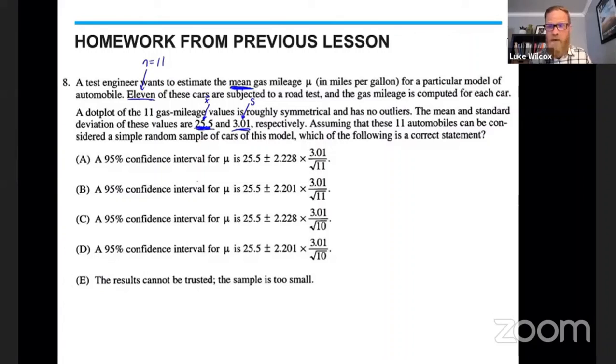And very clearly, when I look at the answer choices here, they're wanting us to think about calculating a confidence interval for the mean gas mileage. So I'm going to remind you of a couple of general formulas that are always true for any confidence interval that we're trying to calculate.